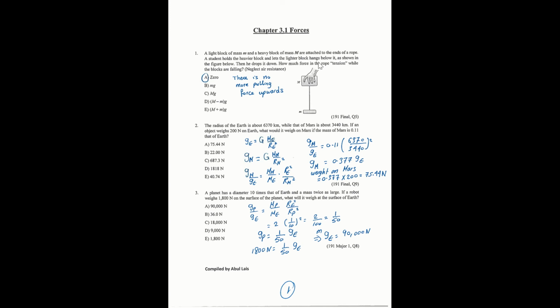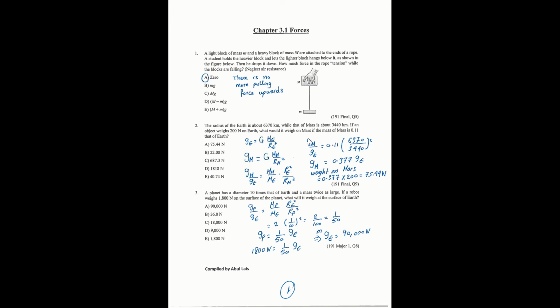But if the student lets the block fall, there will be no pulling force, no tension force, and if we are also neglecting the air resistance, the total force will be zero. So there will be no more pulling force acting upwards on the block small m.